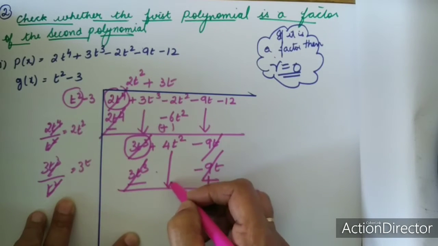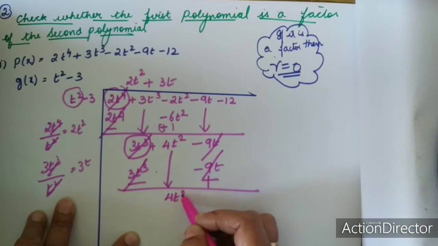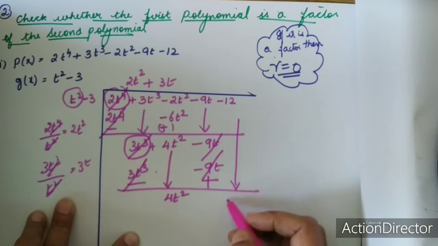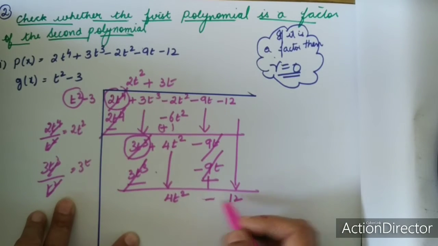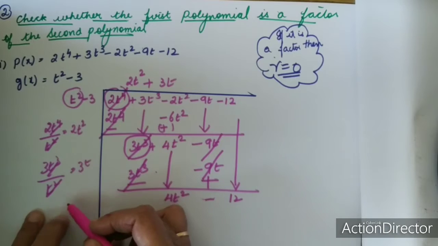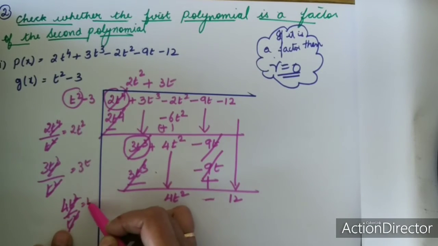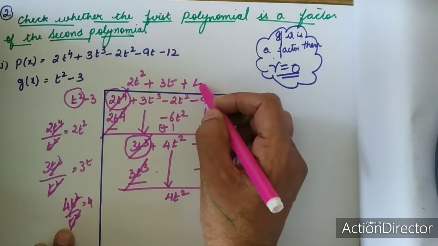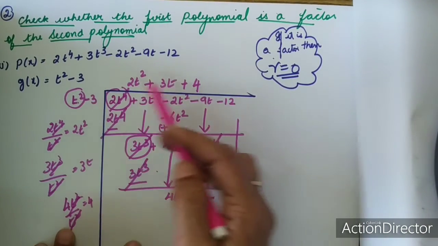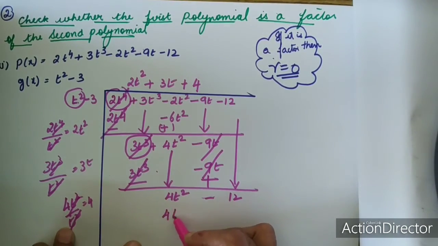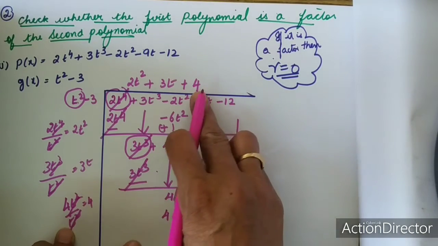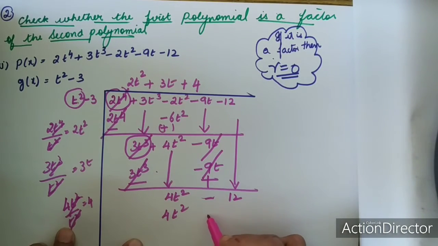And my next term over here will be 4t square. Also take the next term which is minus 12. So what is my next term in the quotient? 4t square divided by t square is equal to 4. So here it is plus 4. Now you multiply t square into 4, which is 4t square, and minus 3 into plus 4, which is minus 12.